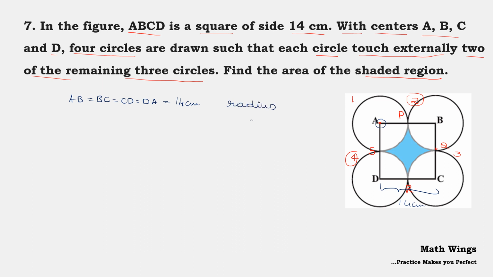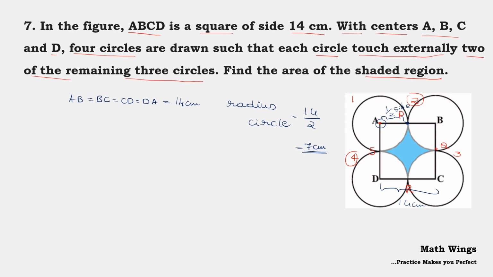Radius of the circle is half of the side of the square. Why? Because here, if you observe, the circles are touching each other on the side of the square, right? Therefore, this becomes half of the side. Now, what's the radius of the circle? That is equal to 7 cm.